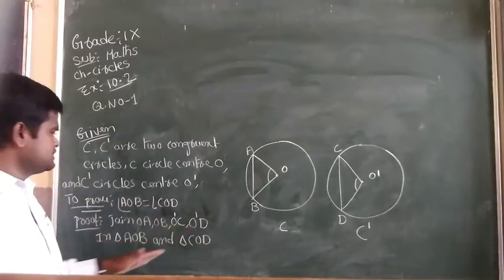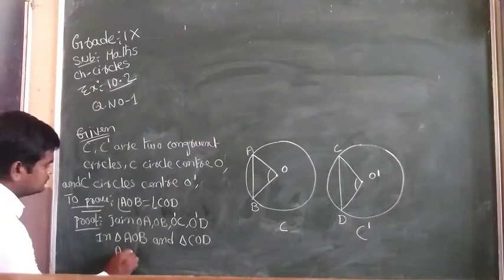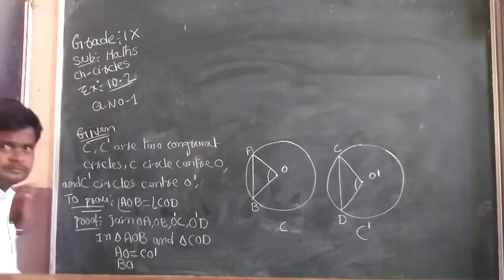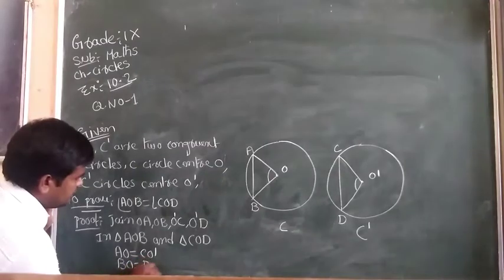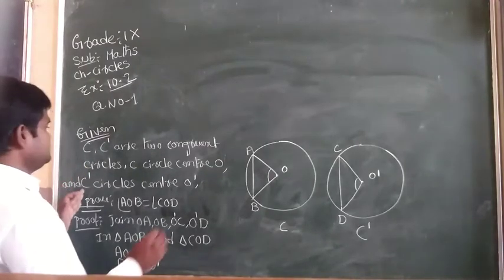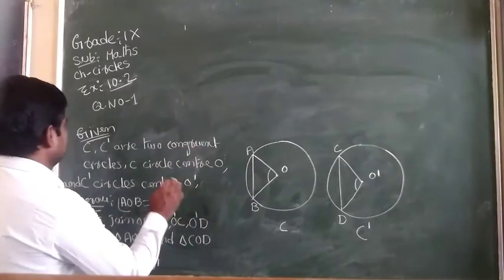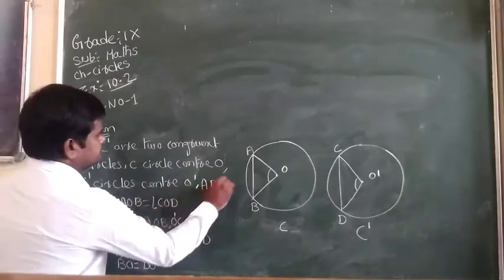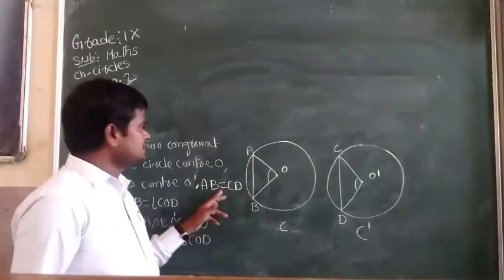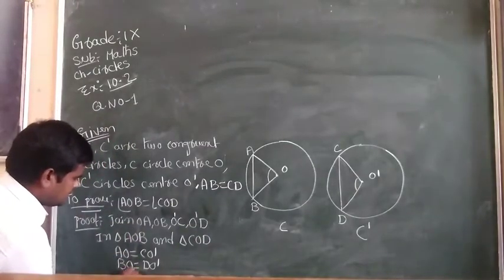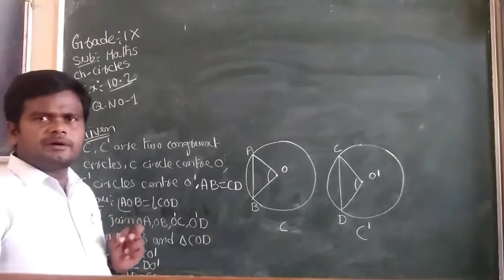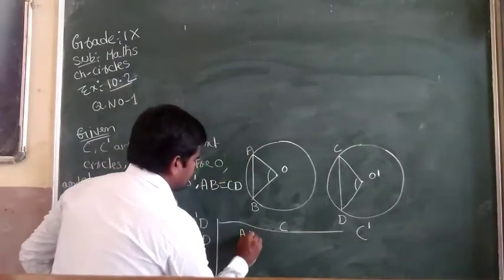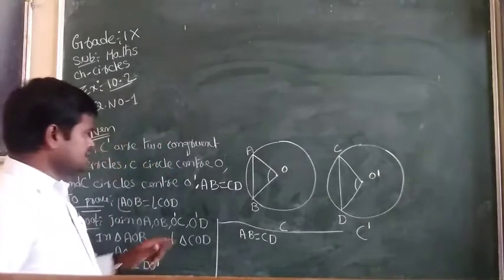In triangle AOB and triangle COD, AO equal to CO dash and BO equal to DO dash, and also given AB equal to CD, chords are equal.